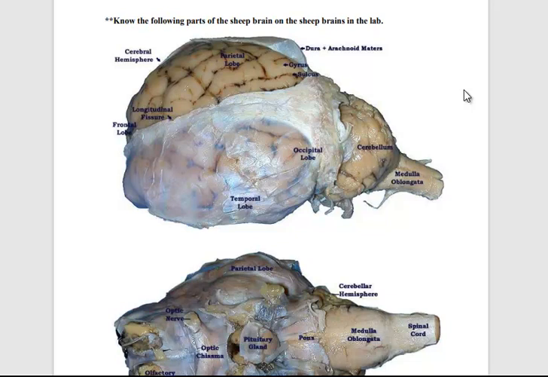There's the outer layer, which is the dura mater, and that literally means tough mother. So it is the outer thick layer, and then underneath it is the arachnoid mater, and then touching the actual sulci and gyrus is the pia mater, or the loving mother.